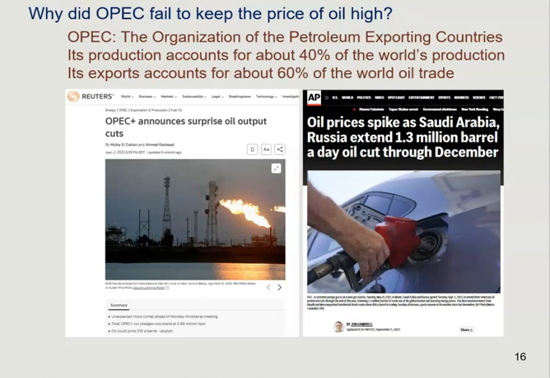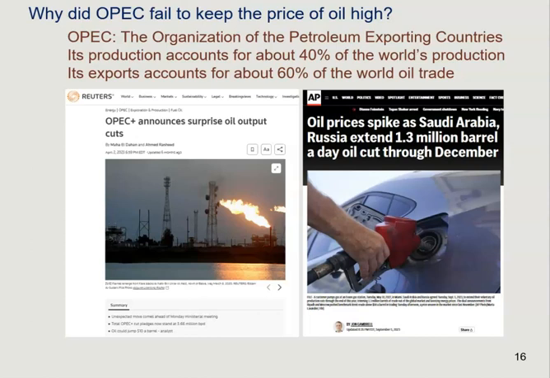And this month, September 2023: oil price spikes as Saudi Arabia and Russia extend a 1.3 million barrel a day oil cut through December. That agreement for these oil exporting countries to cut their production was supposed to expire this month, and then at least Saudi Arabia and Russia decided to extend it till the end of this year.